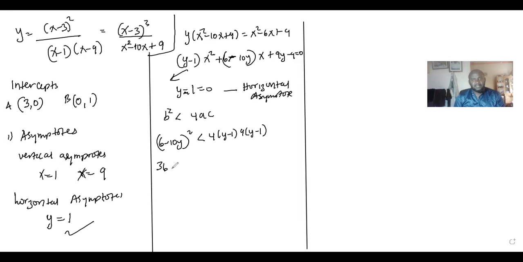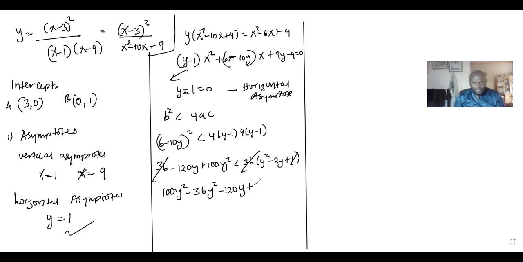So 36 minus 120y plus 100y squared is less than 36 times (y squared minus 2y plus 1). The 36 and the 1 will vanish. So we shall have 100y squared minus 36y squared minus 120y plus 72y is less than 0.